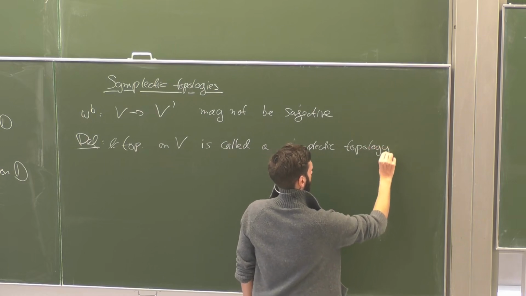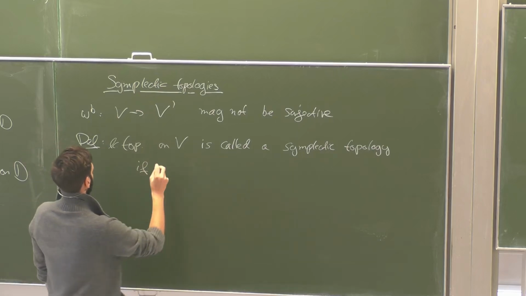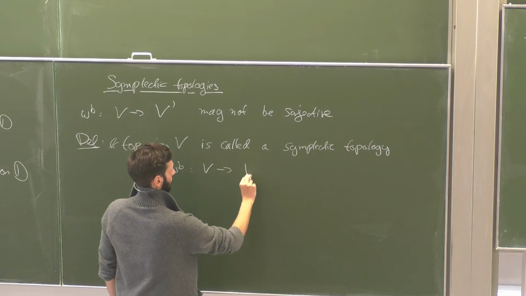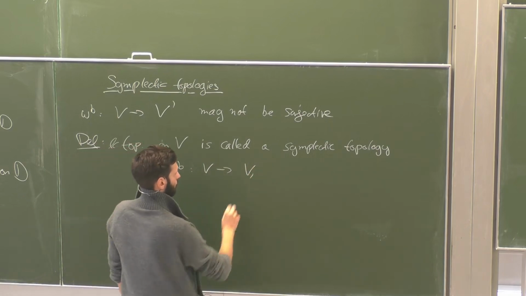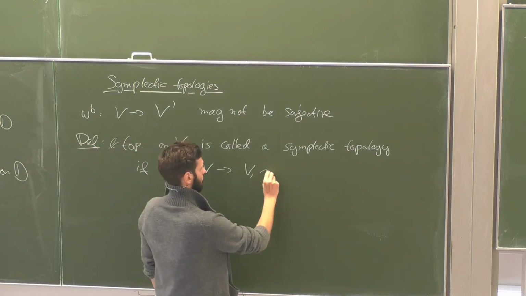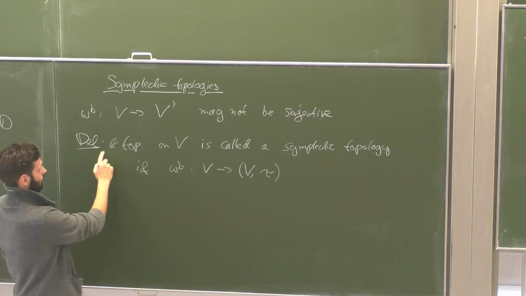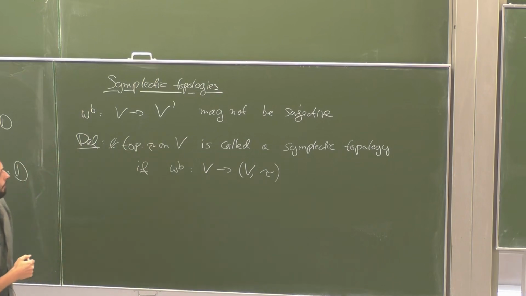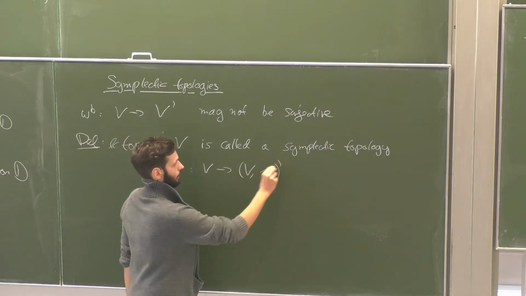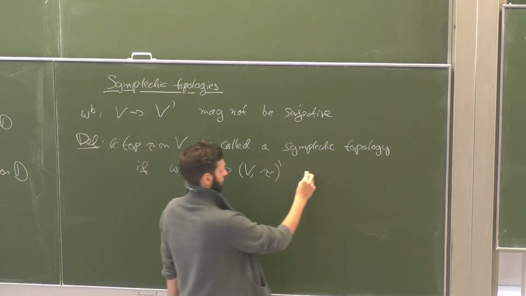Topology if omega flat into the dual. But the dual this time, we don't take the original topology to say what the dual is, but we take this topology of the... we look at, like we change the topology on V, and say that this map needs to be surjective.